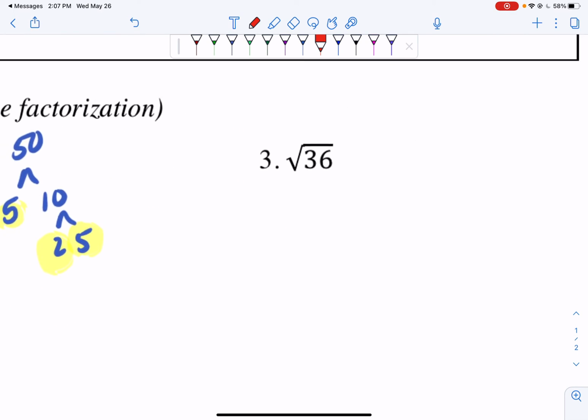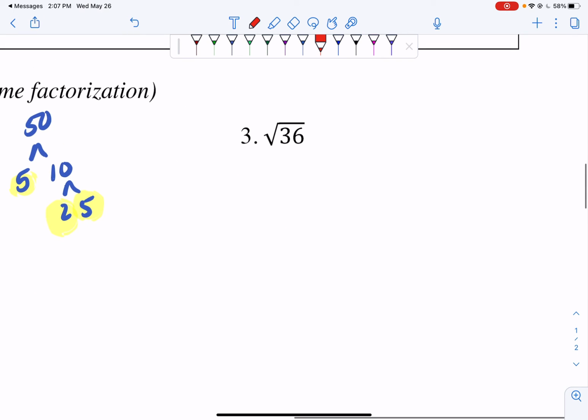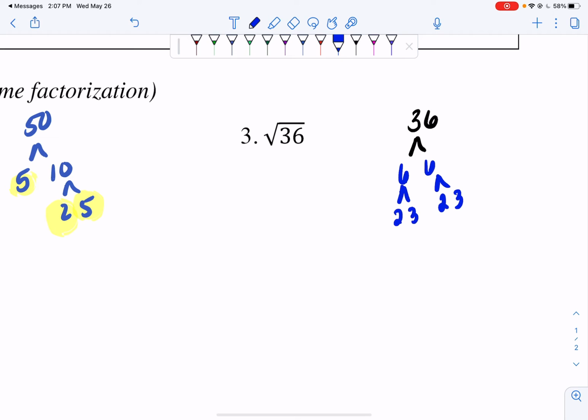Let's do number 3 together. Number 3 is a little different. So I go to the outside and I rewrite the prime factorization of 36 because I want to find the square root of 36. I break it apart and I have 6 and 6. I can break apart a 6 to be 2 and 3. Highlight those numbers because those are primes.